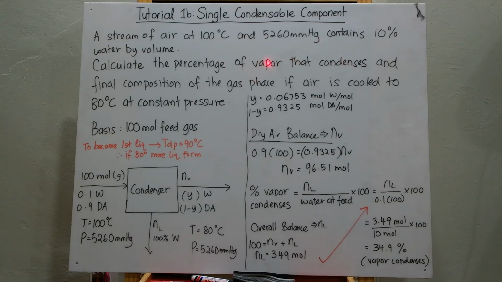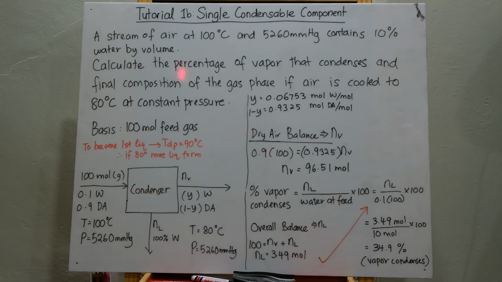It means they want to find how much of the liquid form, divided by the water at the feed line. How much liquid form, divided by how much water goes into the condenser.